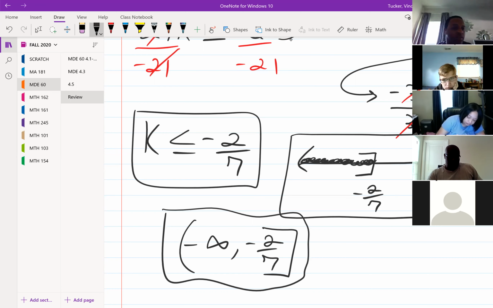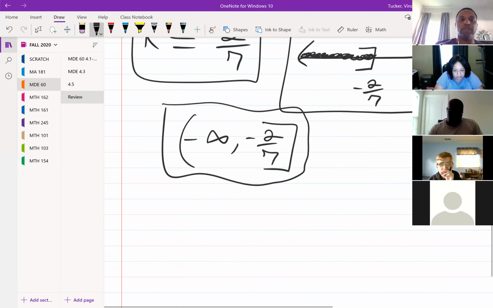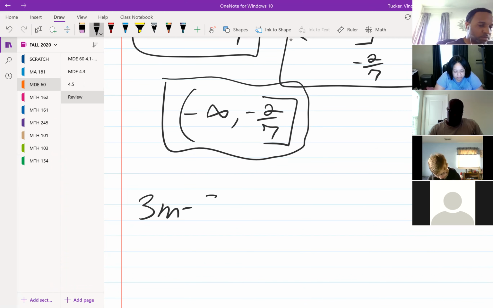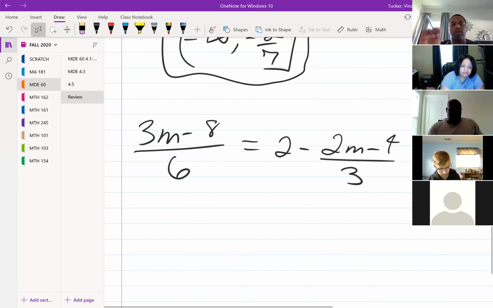Using your bracket over the 2/7, parentheses over the infinity sign. Questions on that one? All right.